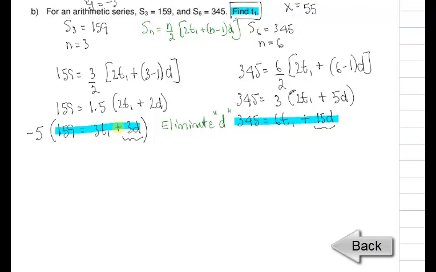I'm going to multiply this first equation through by -5 so that I get -15 here. All right, so I'm going to distribute my -5 through.